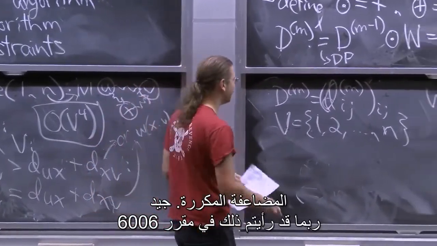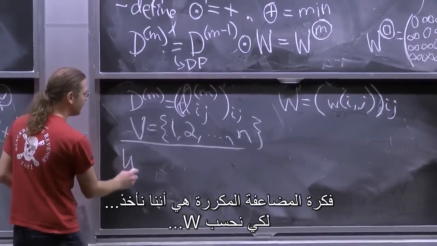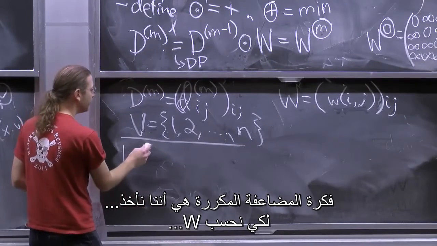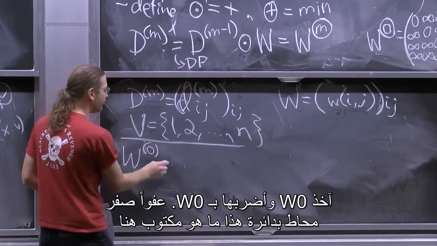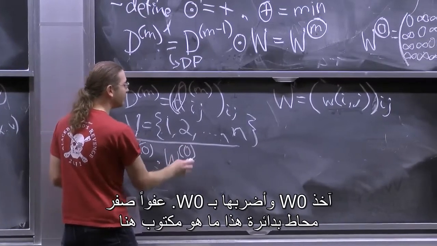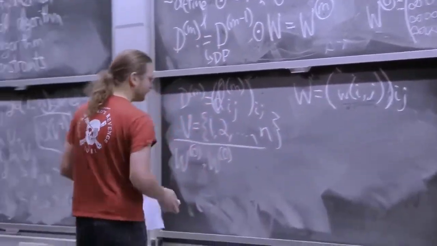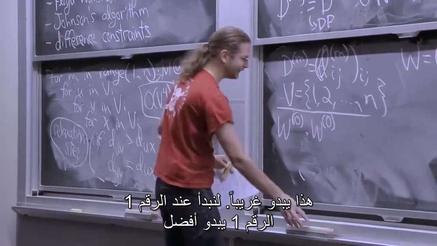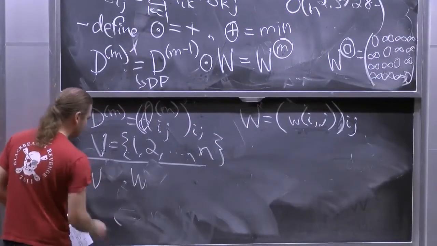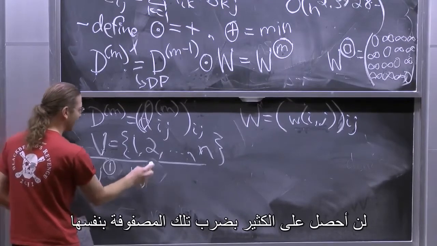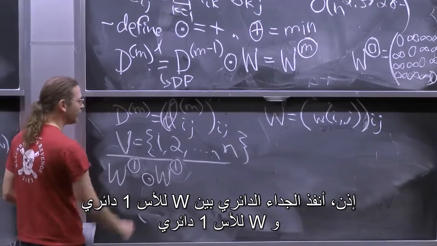Repeated squaring. Good. We've seen that probably in 006. The idea is, let's start with W to the 1. Not going to get much if I multiply W to the 0 by itself, so 1 seems better. I take the circle product between W to the 1 and W to the 1.